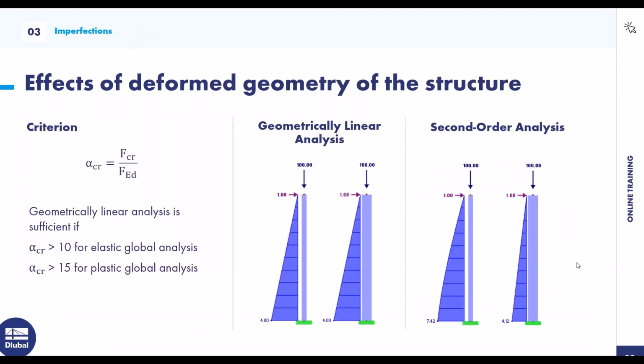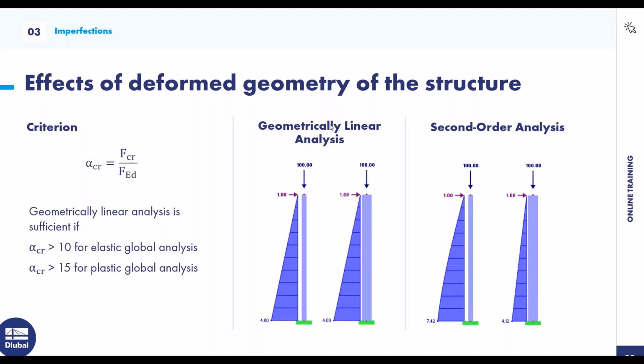Okay, then we turn to the next topic for today: effects of deformed geometry of the structure. In the first training course, Introduction to Member Design, it was learned how the results can differ between the calculation according to the first order theory, the geometrical linear analysis, and the second order theory.